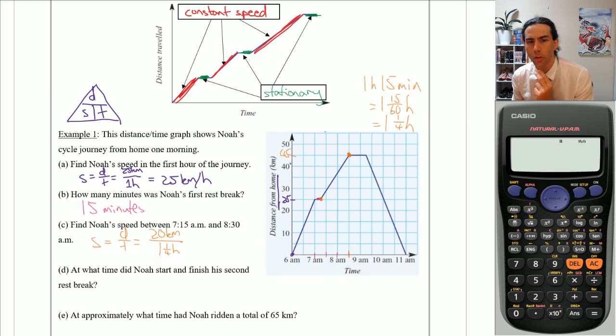Those are all good. So, calculator, 20 divided by 1.25. 20 over 1 1/4 gets a little bit tricky. So 20 over 5 over 4, 80 divided by 5, 16. There we go.